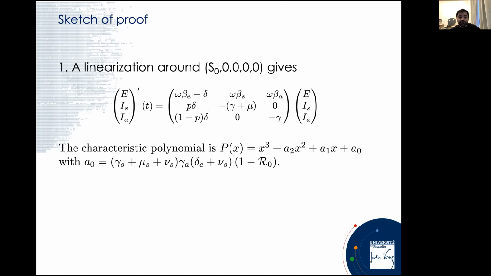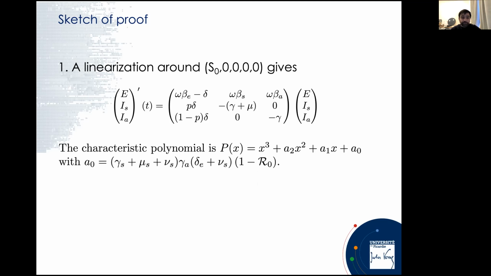What we need is just the sign of the eigenvalues. If you look at the characteristic polynomial, you don't need to compute a2, a1. What you need is to have at least one positive eigenvalue. If R0 is greater than 1, you have at least one positive eigenvalue, so you have initial exponential growth.